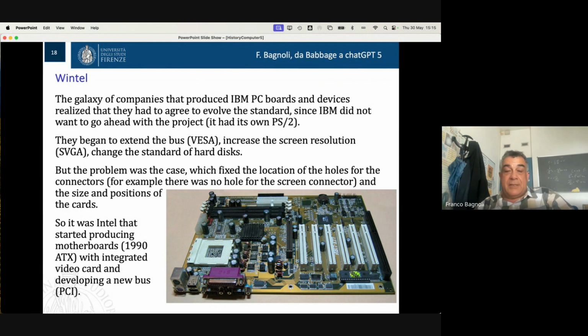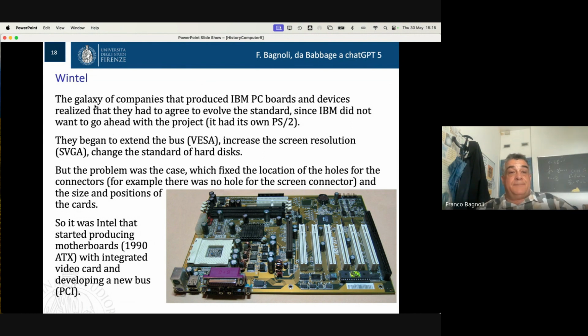Essentially they were free to develop new connectors, the IDE connectors, for instance, and also to tell the constructors of the case where to provide holes for plugging the video connector for the monitor, the USB, the audio connectors, and the PS/2 connectors for mouse and keyboard, and so on.